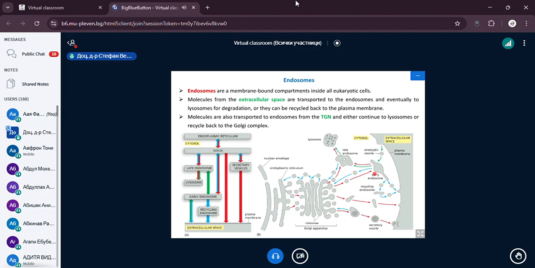So endosomes are a quite dynamic compartment in the cell. It depends a lot on the functional activity of the cell. The more active the cell is, the more well-developed an endosome compartment it has. And think of it as an intermediate between Golgi and plasma membrane.